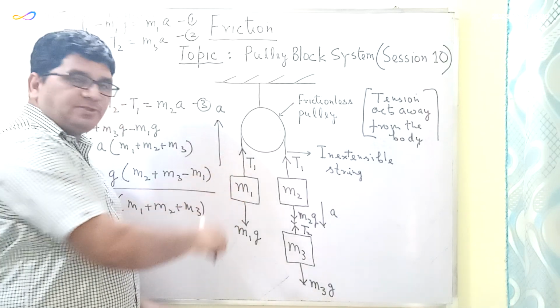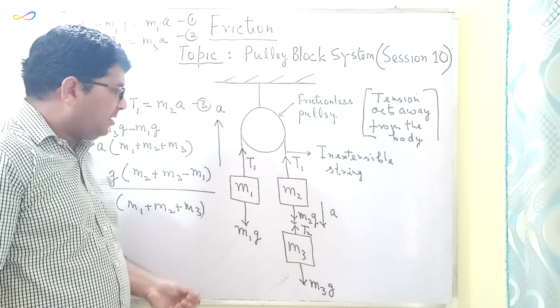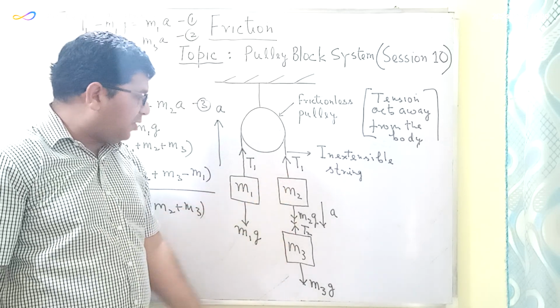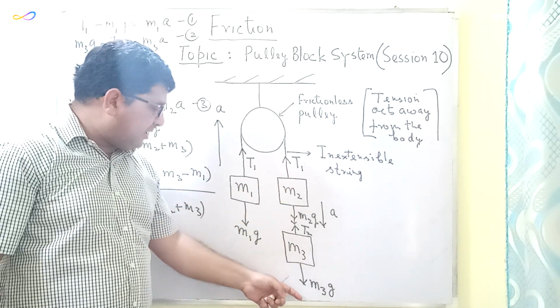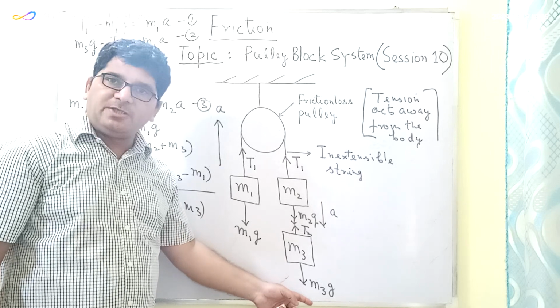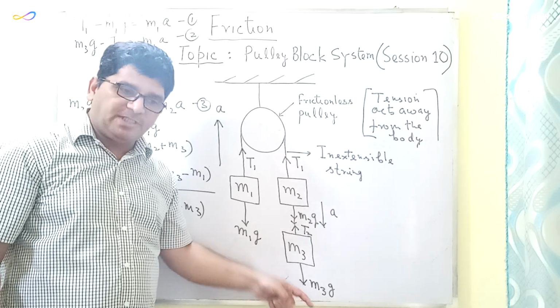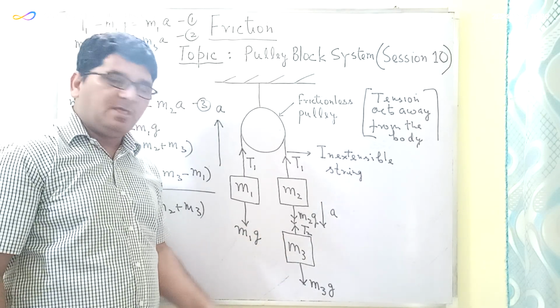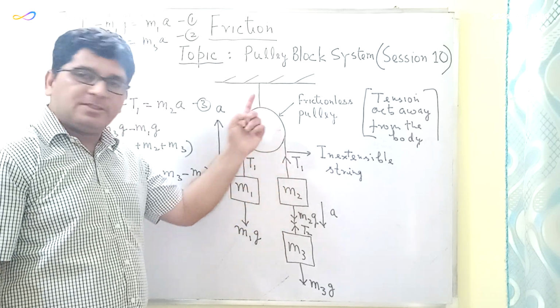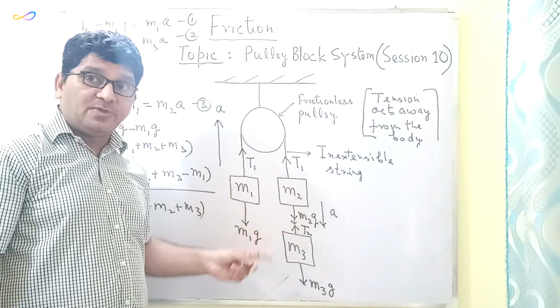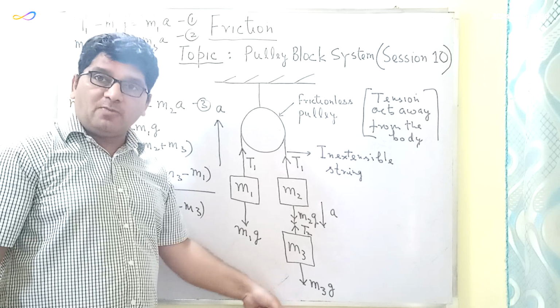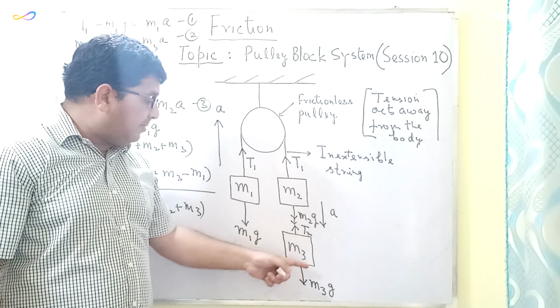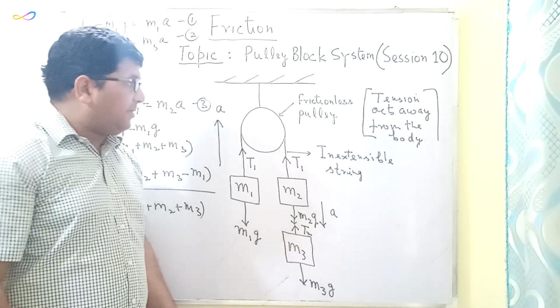That is, the net force should be acting in the upward direction. Similarly, a body will be moving in the downward direction only when the magnitude of the forces acting in the downward direction is more than the magnitude of the forces acting in the upward direction. That is, the net force should be acting in the downward direction. Only then the body will be moving in the downward direction.